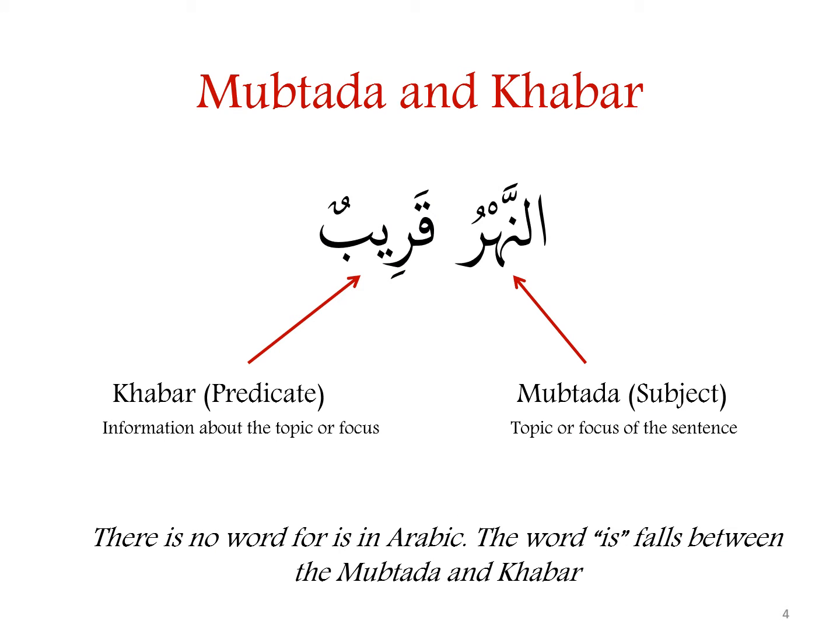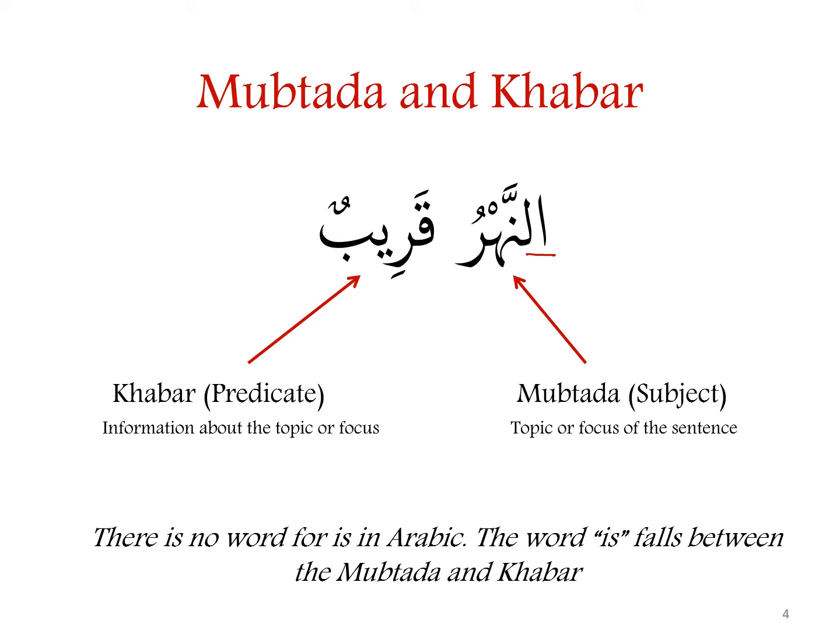So if we have a sentence like this, the sentence starts with a noun, an-nahru. So this is obviously a noun because we can see the signs of a noun here, an alif lam. And only nouns or asma will start with the alif lam. So because this sentence here starts with the alif lam, we know that it is a jumlatul ismiyya.